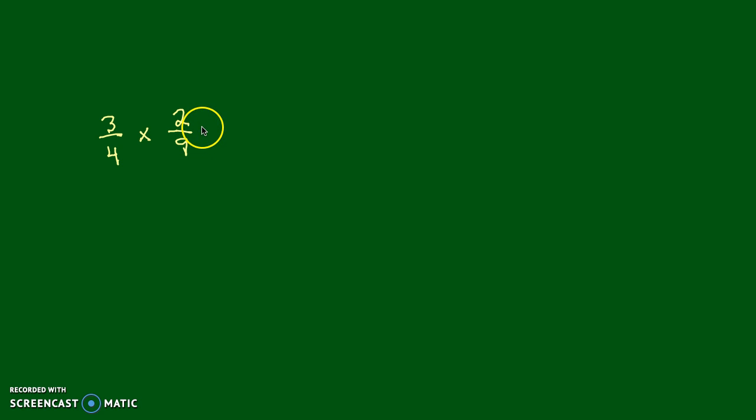We're going to start with 3/4 times 2/9 and think again how that's going to be 3 times 2 over 4 times 9, and that's going to equal 6/36. In the previous portion of this video, we talked about taking fractions to simplest form, and if we made 6/36 into simplest form, it would end up being 1/6, because both 6 and 36 are divisible by 6.